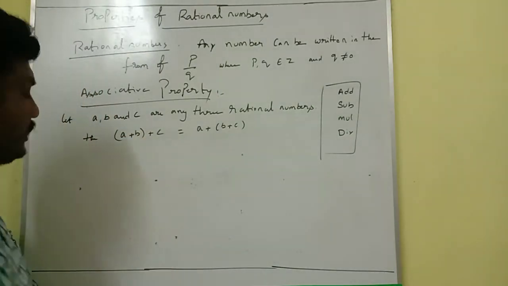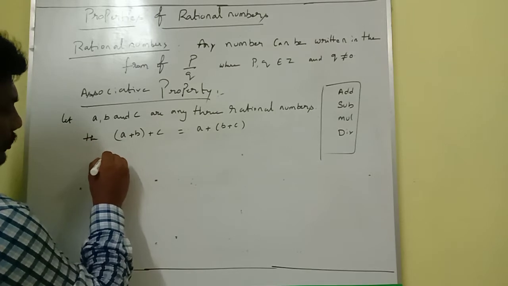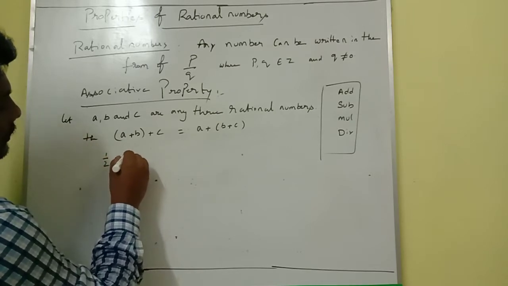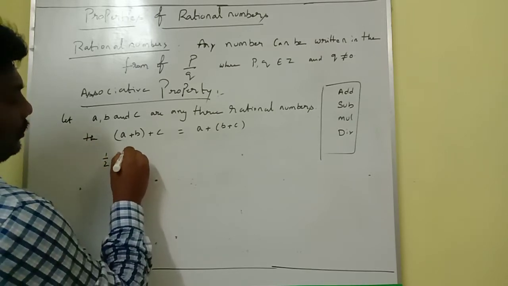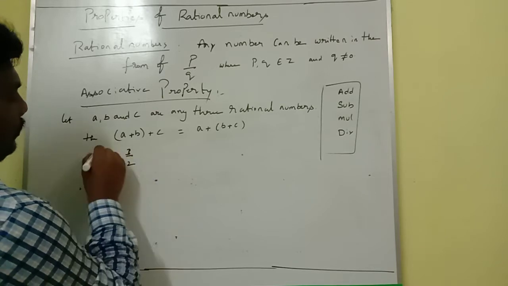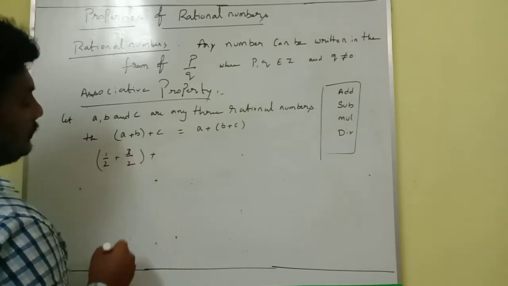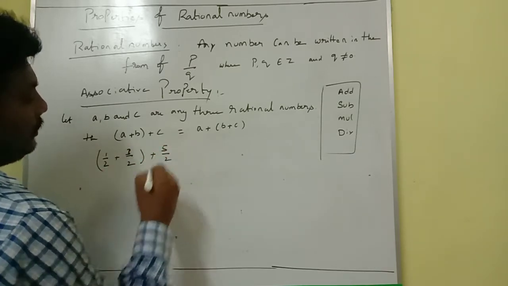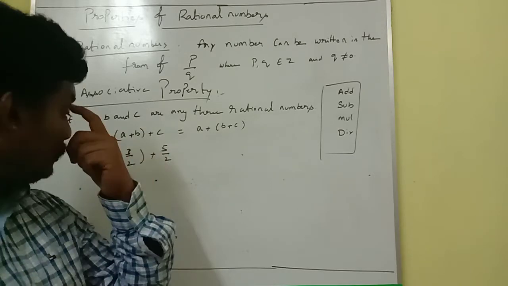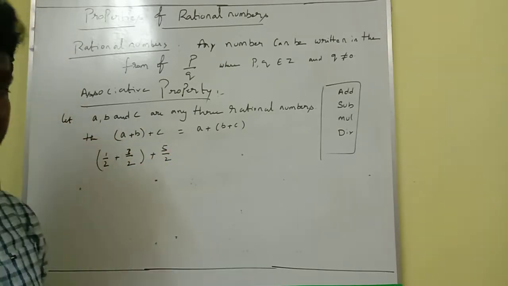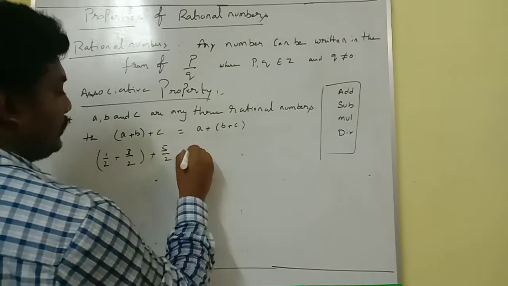Let me take the same example. We can take 1 by 2 plus 3 by 2, plus 5 by 2. For our better understanding, we can take the same denominators. If you add these values, what happens?